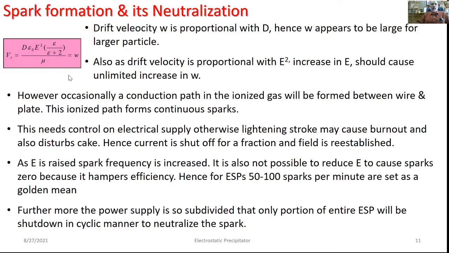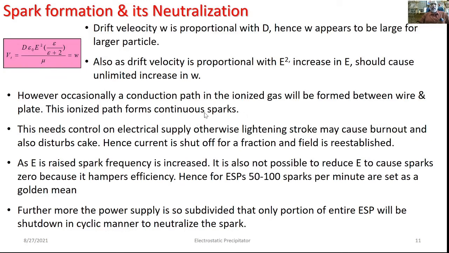practically, the conduction path in the ionized gas will be formed between the discharging electrode and the collecting plate. This ionized path forms continuous sparks.